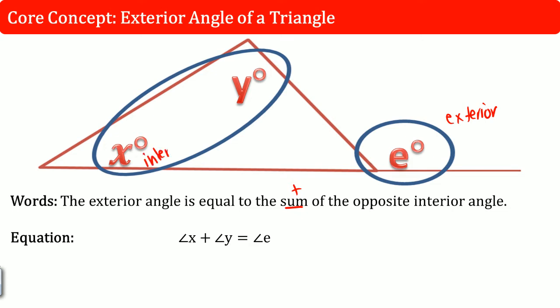These are your interior angles, and this one is the farthest away. It's not the closest one. These are your two farthest-away interior angles. That's the core concept.